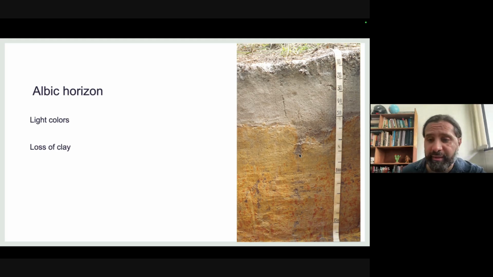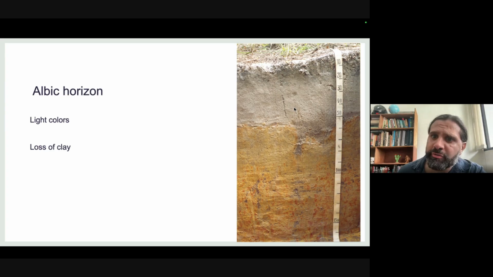We already know that clay can easily migrate from a horizon to the deeper horizons in the soil, and because of this intense movement of clay, some zones, some sections in the soil can register a white color, whitish colors, sometimes some grayish colors too.